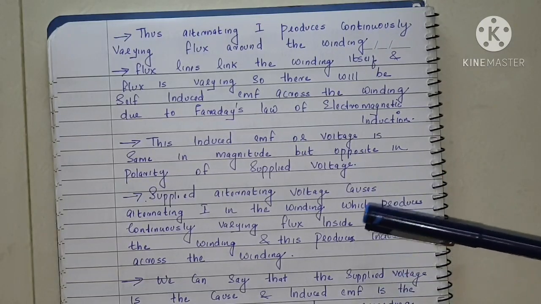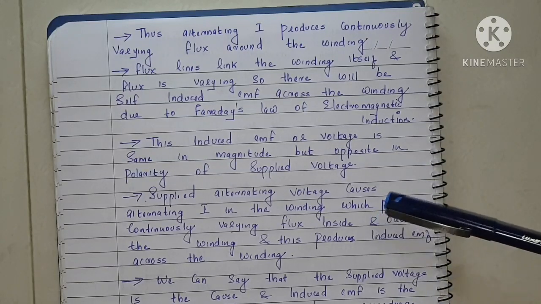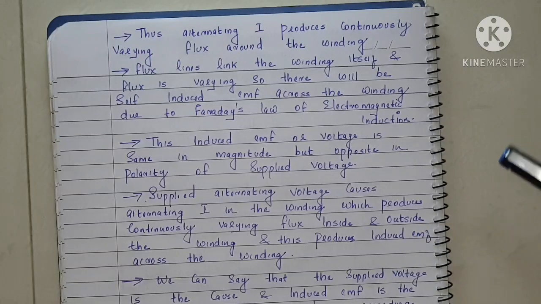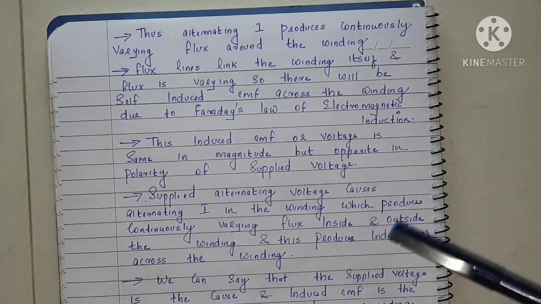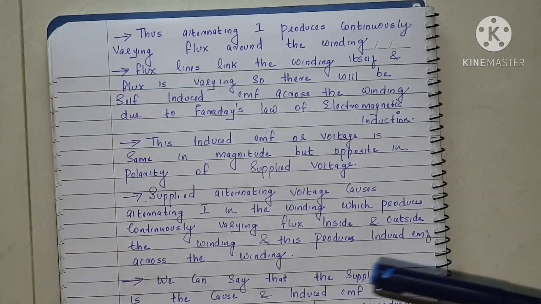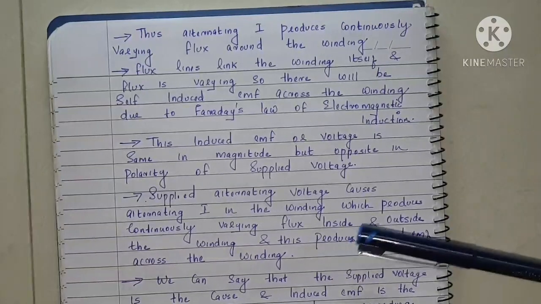That is, the supplied alternating voltage causes alternating current in the winding, which produces continuously varying flux inside and outside the winding, and this varying flux produces induced EMF across the winding.